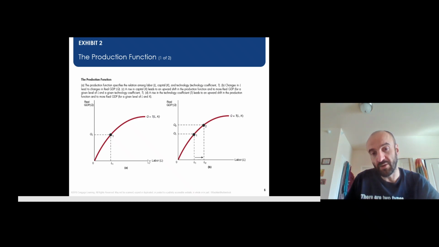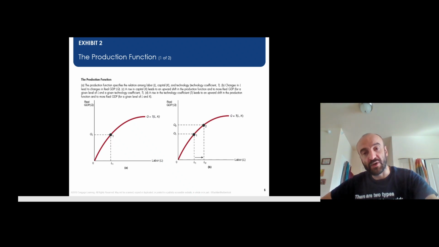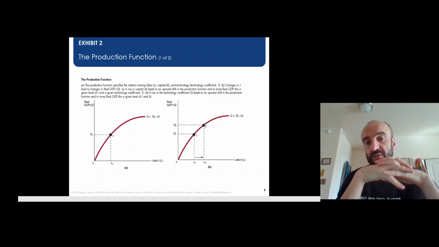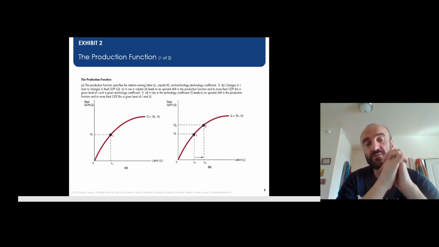And then you employ one more, and you almost have no increment in real GDP. That means the saturation point: the additional gains in productivity by including more workers into your labor force will come close to zero. So that is the logic of diminishing returns.